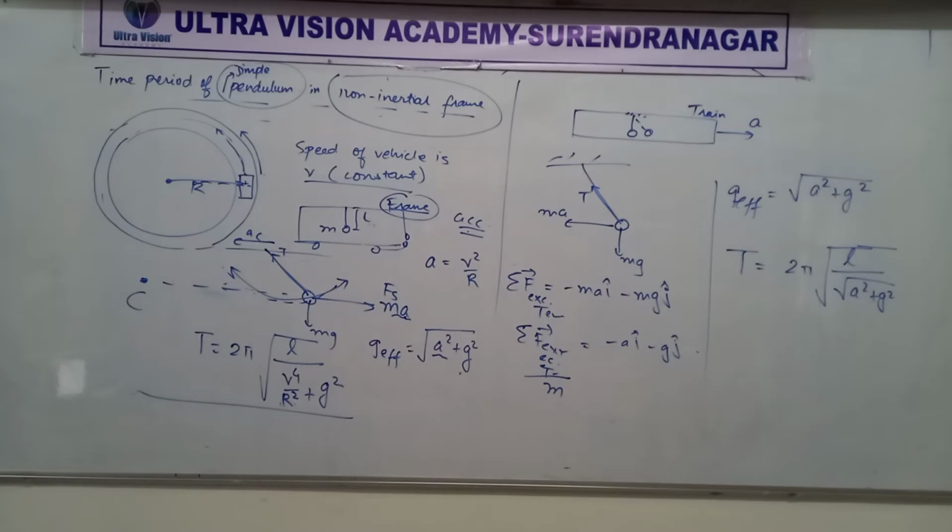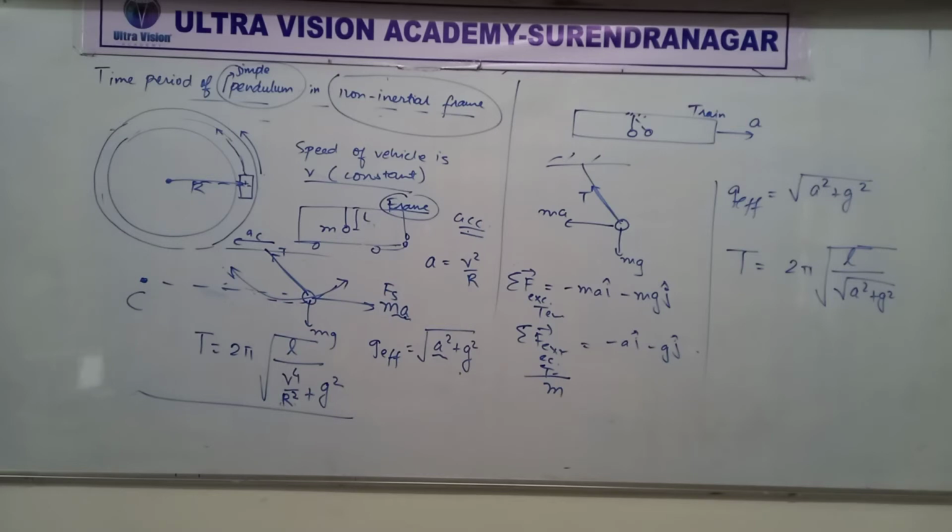Okay, so that's it for this particular topic of time period of simple pendulum in non-inertial frame. You can also use this whenever there are some other constant forces acting, not necessarily pseudo force.